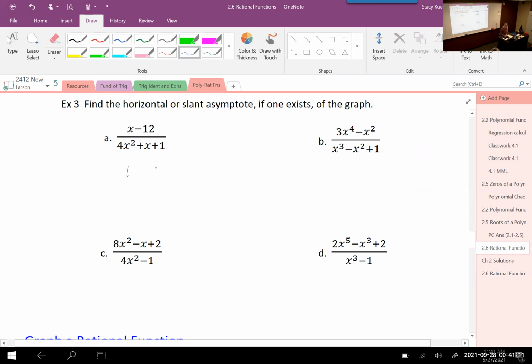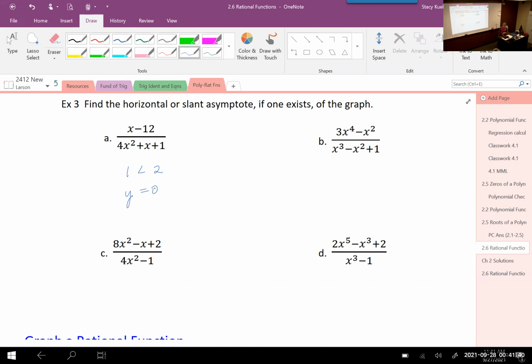All right, what's the degree of the denominator? So 1 is less than 2. So the numerator is less than the denominator. That implies we have a horizontal asymptote at y equals 0. The hardest part about this is just remembering these rules. That's all. Okay.